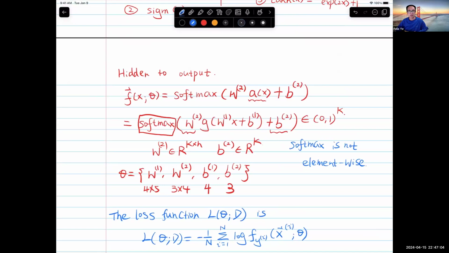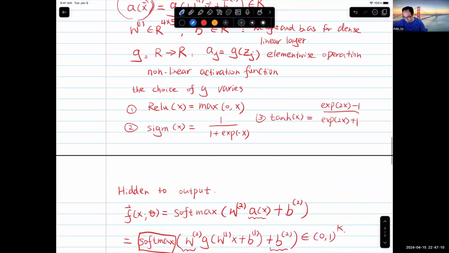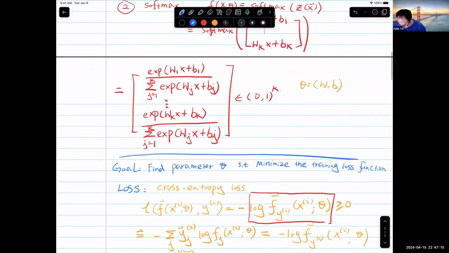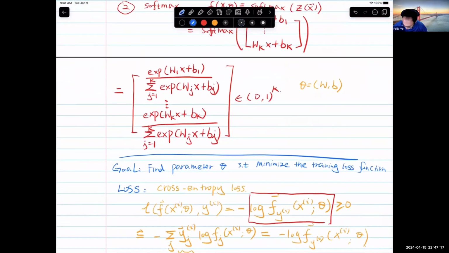One of the reasons that this is not element-wise is because you need to normalize it right here with the weight. So this is actually the weight.